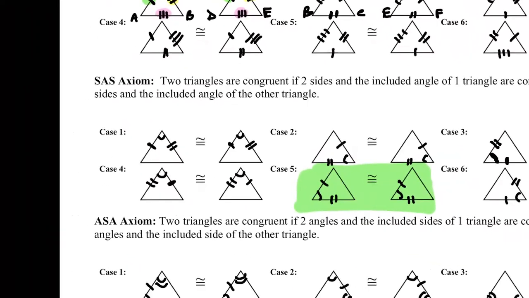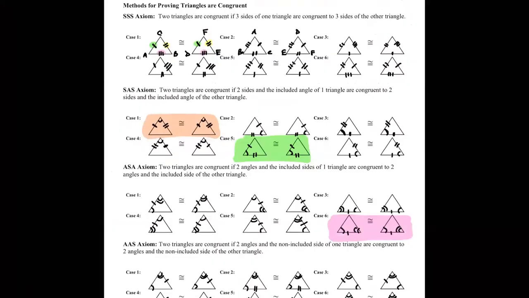I mean, it's not perfect, but it does follow this pattern. One tick mark, one arc, two tick marks. Right? So we have it. It's just the triangles don't really look the same, but they don't have to look the same. These are generic cases. Those are particular cases, right? So we can now say that those two triangles are congruent by the ASA axiom.